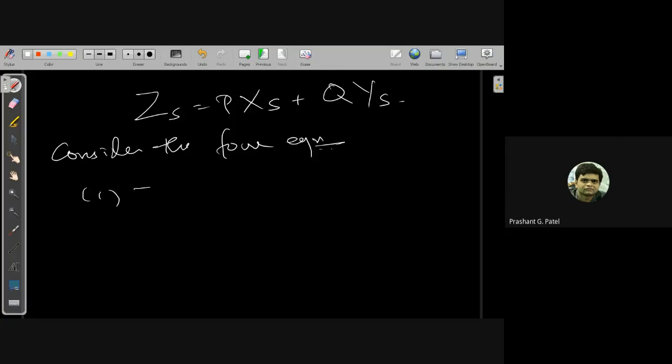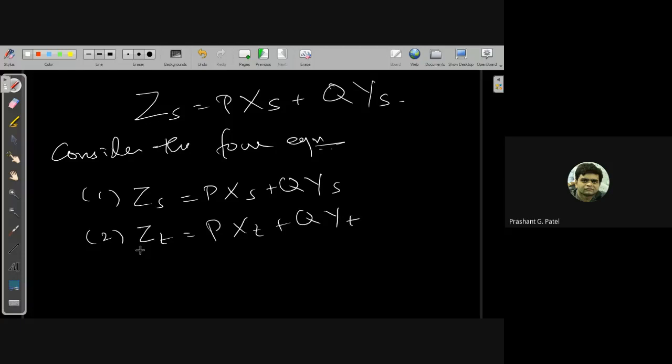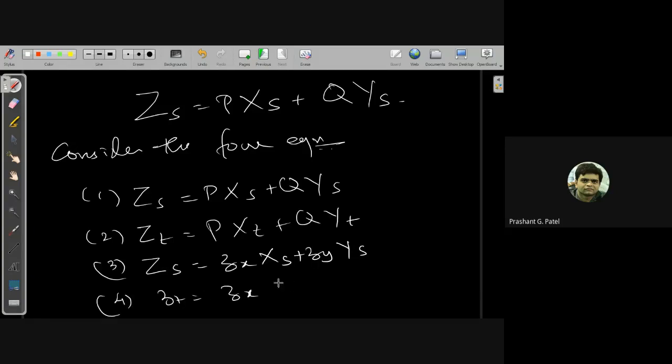The first one is zs is equal to p xs plus q ys. The second one is zt equal to p xt plus q yt. The third equation, zs is equal to zx Xs plus zy Ys, and the fourth equation is zt equal to zx Xt plus zy Yt. So you consider these four equations.